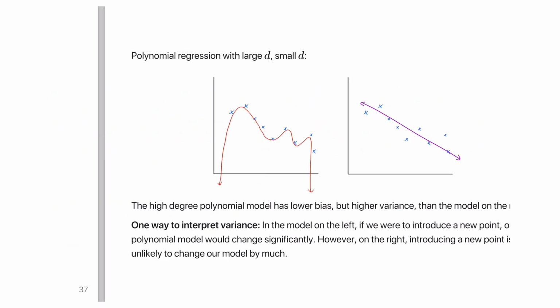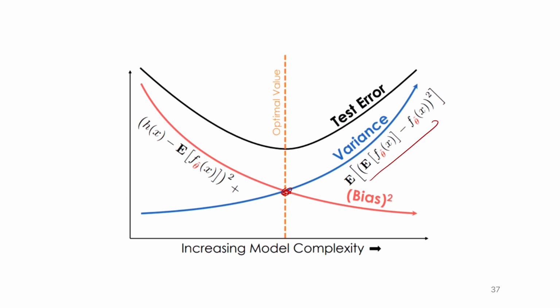Okay. Yes? So when we say variance, essentially low bias is how well we do versus the true value, and variance is how the models compare.